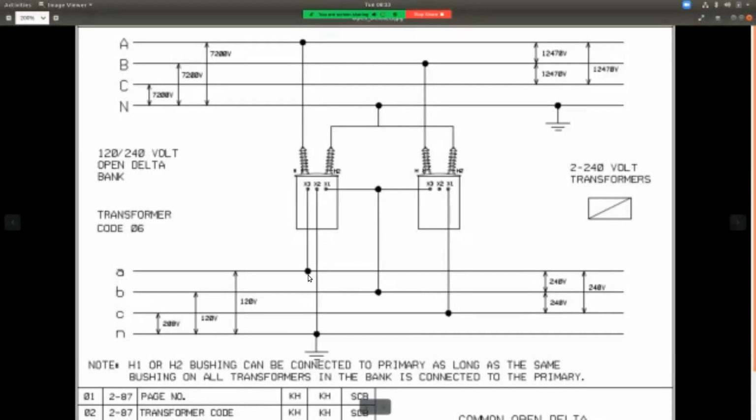My A phase, hovering over the dot here to neutral, is 120 volts. That's how much voltage I'm getting out of this X3 leg. My B phase, which is this wire, or if it came out of X1, would come right down to here, is 120 volts. Now, Aaron, you said this a moment ago. I've got a winding and a half, correct? Yeah.